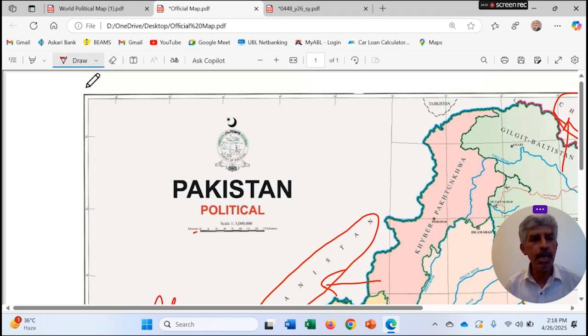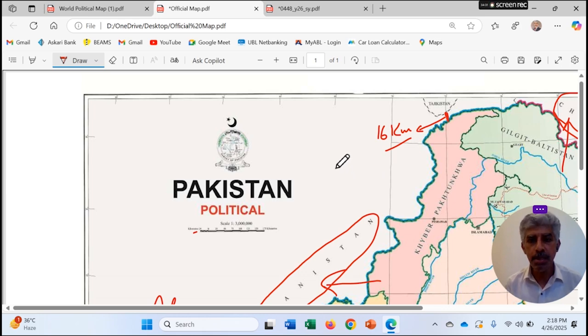Both the countries do not share any common border, but still, if I talk about the distance between Pakistan and Tajikistan, this one is only 16 kilometers. So it means that Tajikistan is only 16 kilometers away from Pakistan, but does not share any common border.